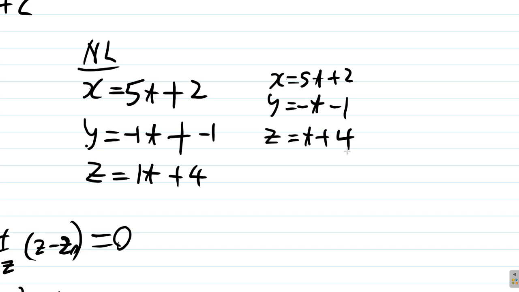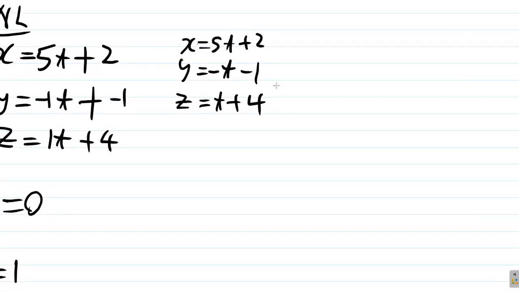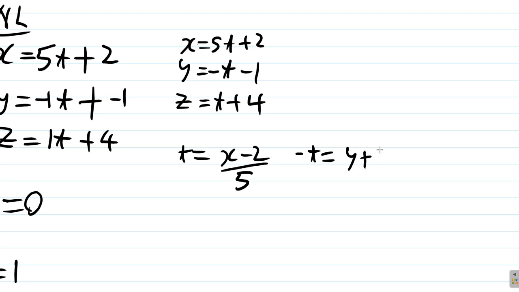Now, if you're asked to, you could write it without the parameter t. To eliminate the parameter t, you transpose each equation for t. In the first equation, t would be equal to x minus 2 over 5. In the second equation, negative t is equal to y plus 1, so then positive t would be negative y minus 1.